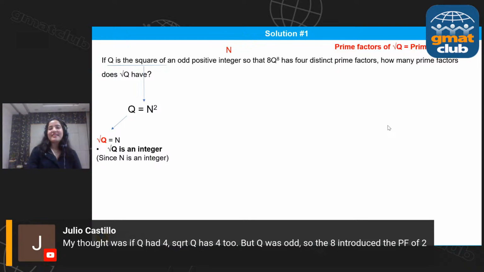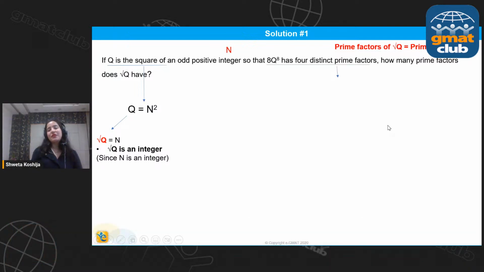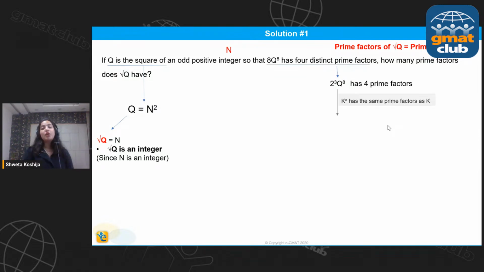Coming back here. So next piece of information in the question was, 8 times q to the power 8 has 4 prime factors. Now, 8 is 2 to the power 3. Why am I rewriting? So that I can see this whole thing in terms of prime factors, right? Now you again know that power of a number and the number itself, k to the power a and k, have the same prime factors if they're both integers.